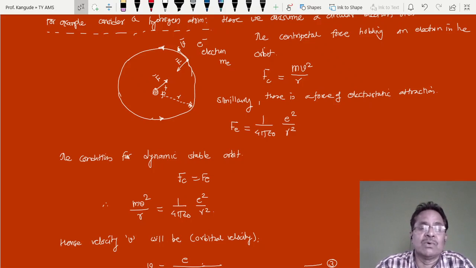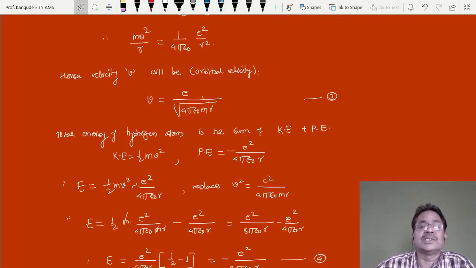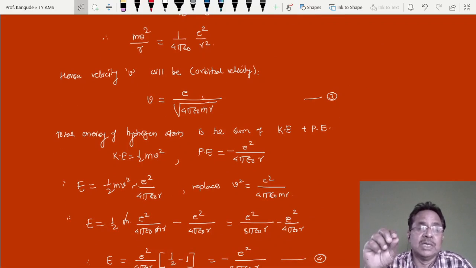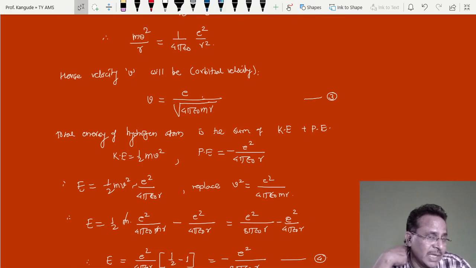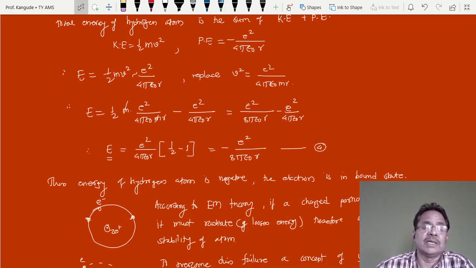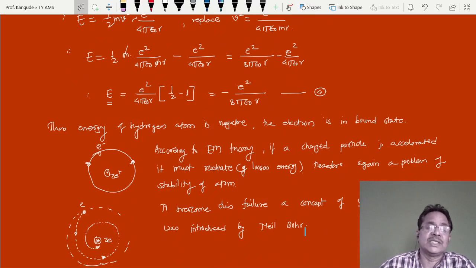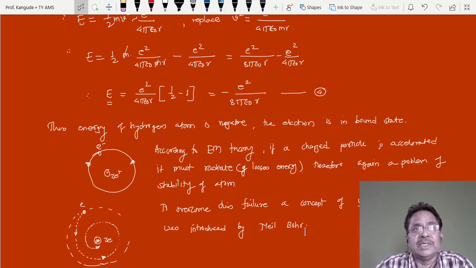One is the classical force, one is the electrostatic or electromagnetic force. These two forces must balance, and using this balance condition, relation number 3 gives the velocity of the electron inside a hydrogen atom based upon this model. We can also calculate the potential energy and kinetic energy, and that shows this is a bound state of an electron inside an atom.